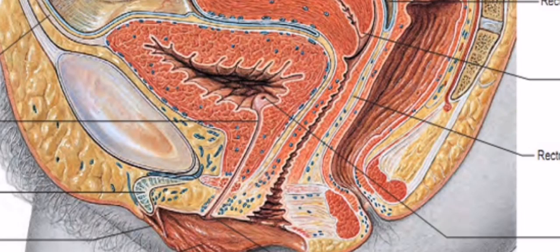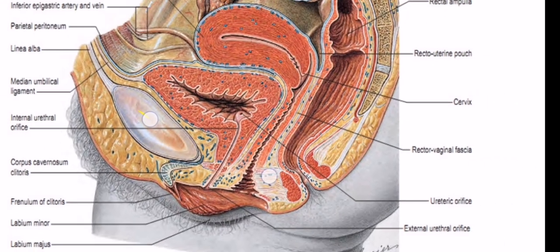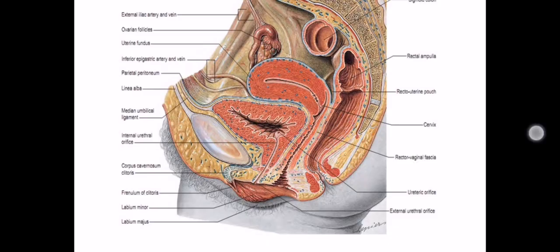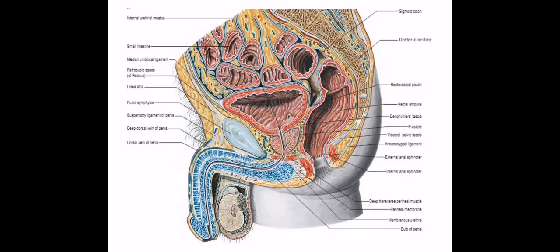The superior surface of the bladder is covered by peritoneum and is related to the coils of ileum and sigmoid colon.